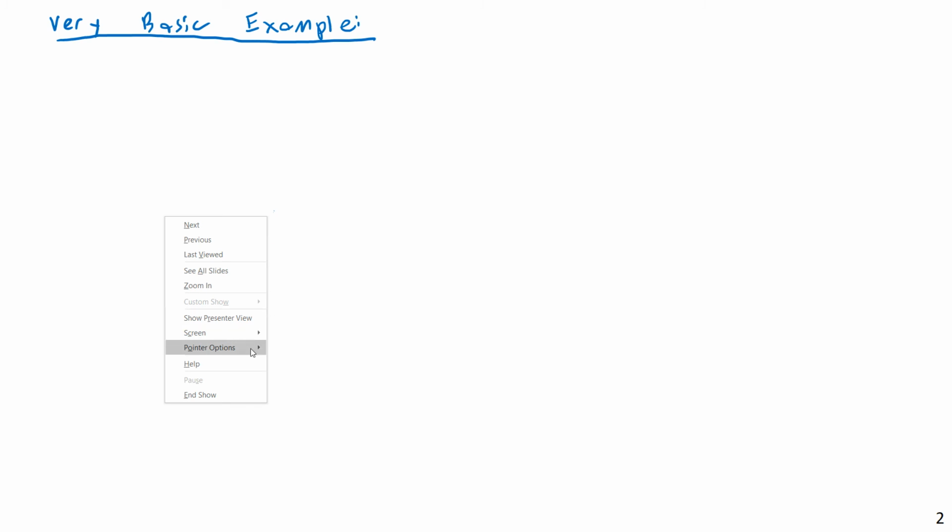So let's look at a very basic example of what I mean by this. Let's consider perhaps the simplest case you could have, which would be a simply supported beam with just a uniform load across it. It's not going to get simpler than this.